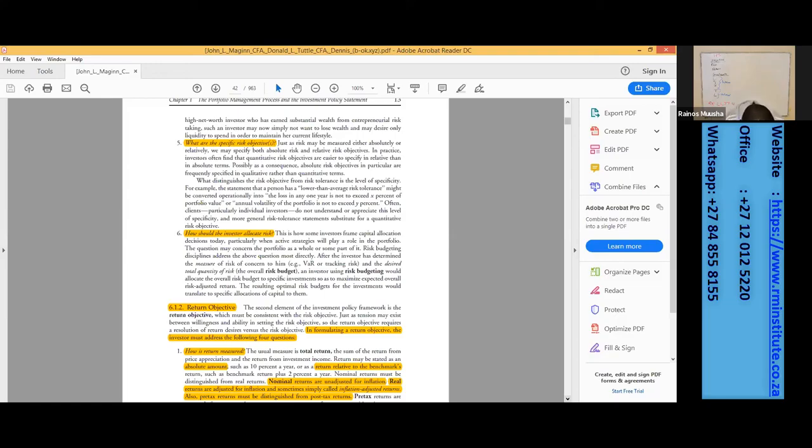In practice, investors often find that quantitative risk objectives are easier to specify in relative than in absolute terms. So possibly, as a consequence, absolute risk objectives in particular are frequently specified in qualitative rather than quantitative terms as well.